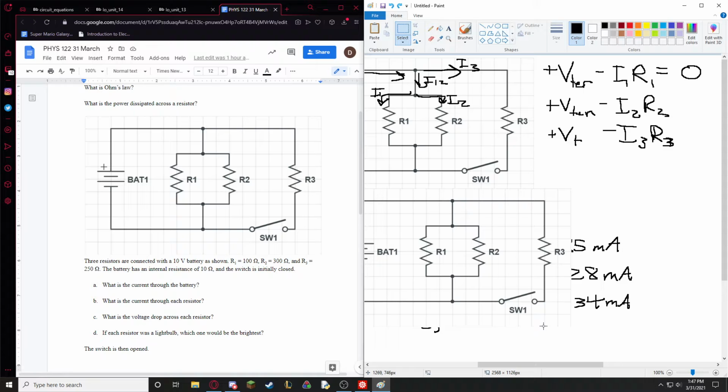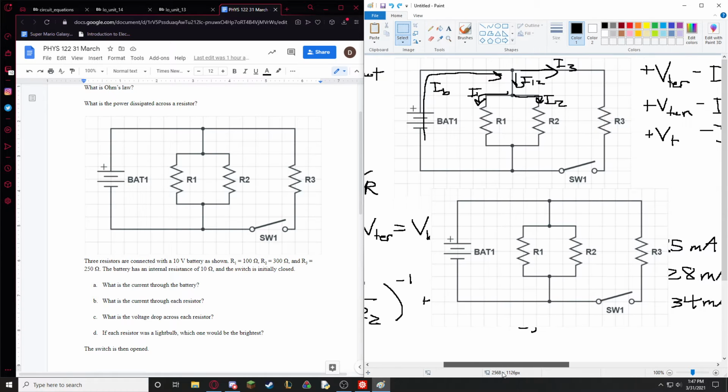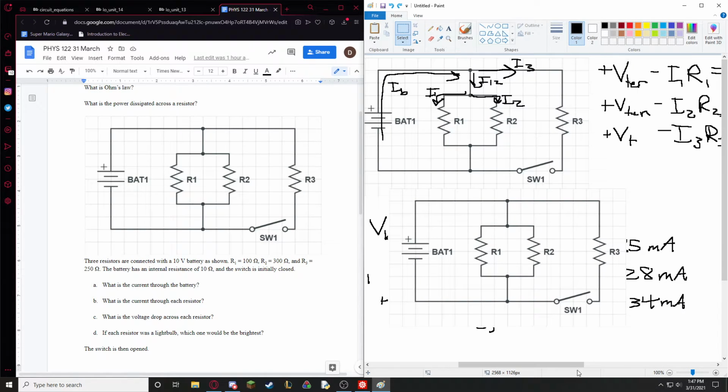Oh, wait. I think you're overcomplicating it a bit. I would use the power equation. Just compare the voltage drops we have and the currents for each resistor. Yep, exactly.